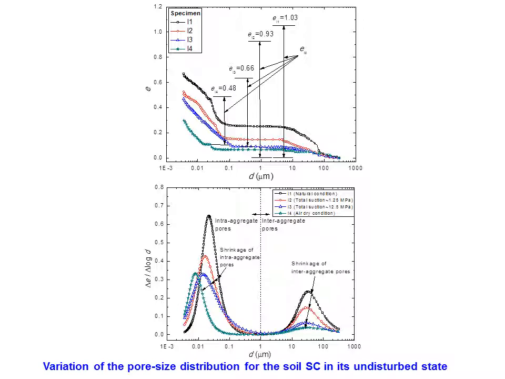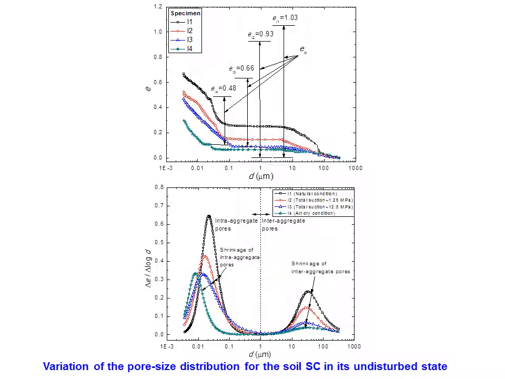Now if we try to superimpose the water ratio, which is the ratio of volume of water to the volume of solids, on the cumulative pore size distribution curve, and if we also represent the macroscopic void ratio, which is the void ratio of the sample which can be obtained from the mass volume relationships by knowing the specific gravity and the dry density, or the dry weight and the volume of the sample.